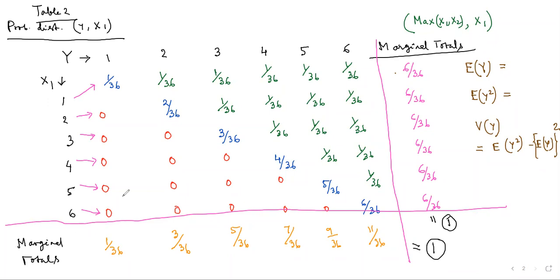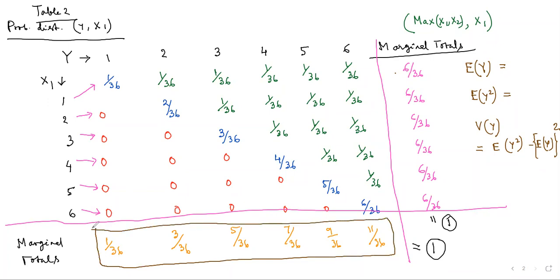The answer is, to calculate the expectation of y, we need to consider these probabilities, because all these probabilities written over here correspond to the columns, where the column values are actually associated with the random variable capital Y. So to calculate the expectation of y, we know that y has the possible values. What are the possible values of y? 1, 2, 3, 4, 5, 6.